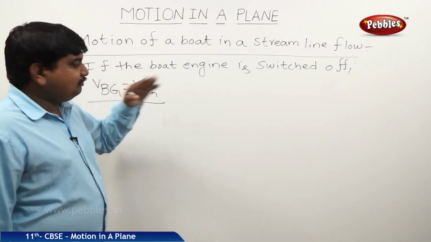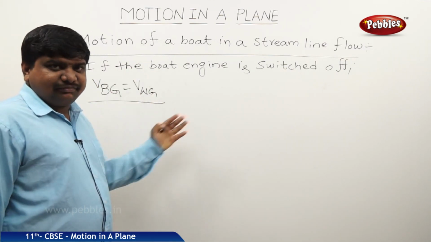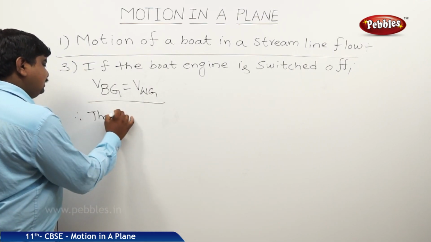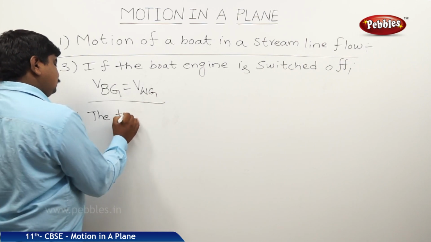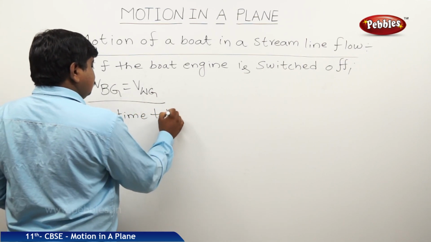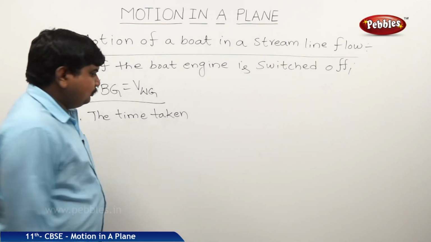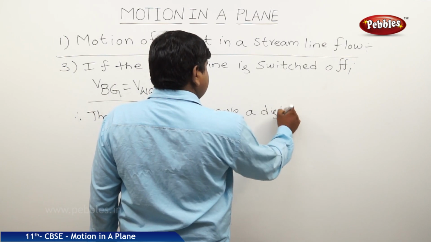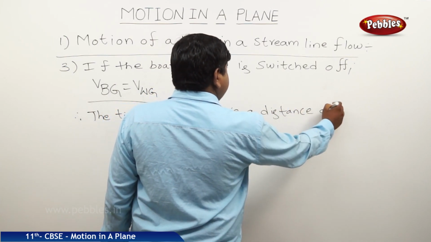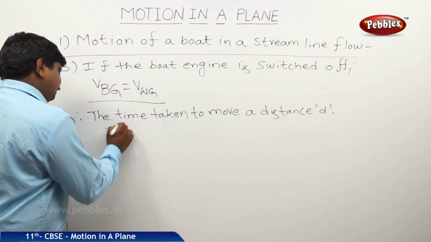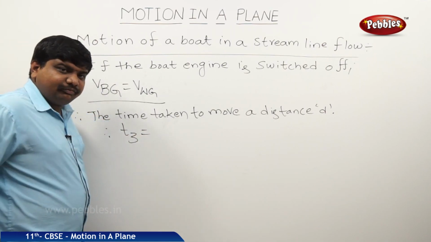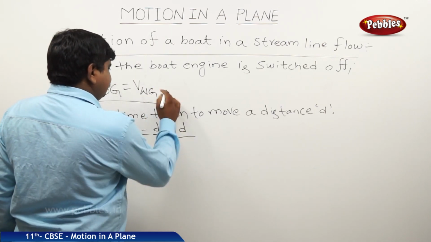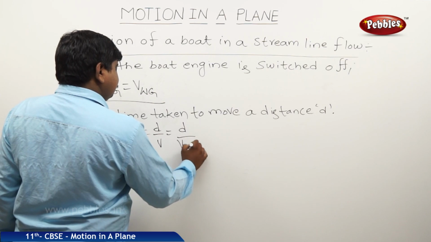So therefore the time taken to move a distance d is given by, let us say the time is t3, therefore it is d by v. In this case, it becomes d by VWG.